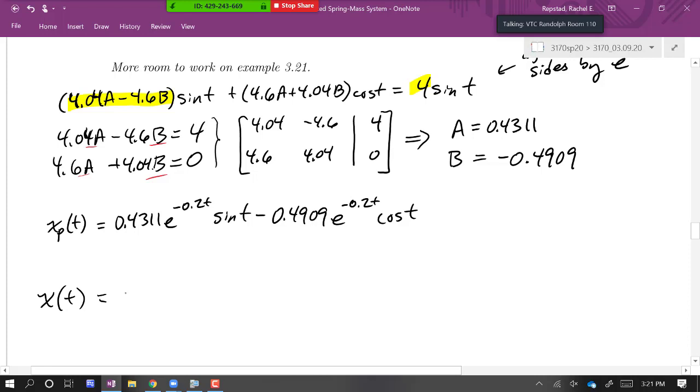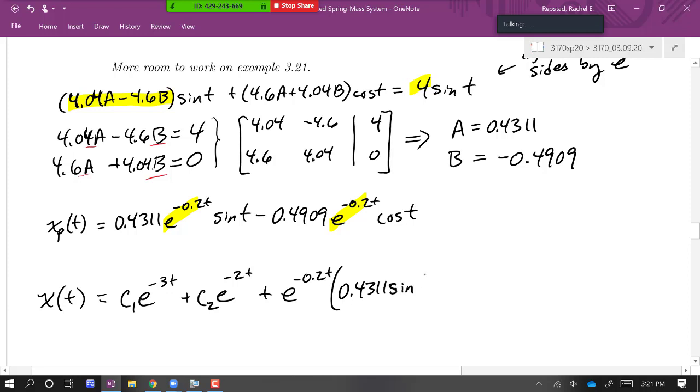So we have c1 e to the negative 3t plus c2 e to the negative 2t plus, and when I write this out, I think I'll factor the e to the minus 0.2t out again, times 0.4311 sine t minus 0.4909 cosine t.